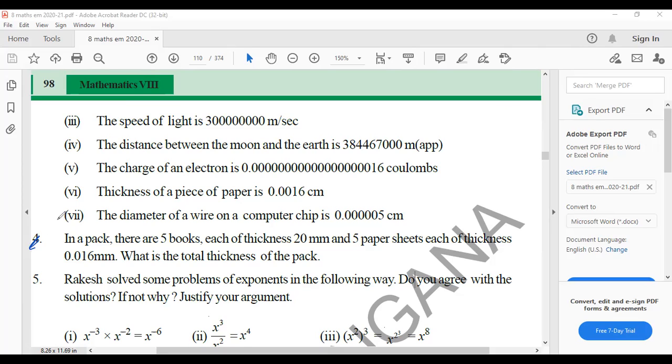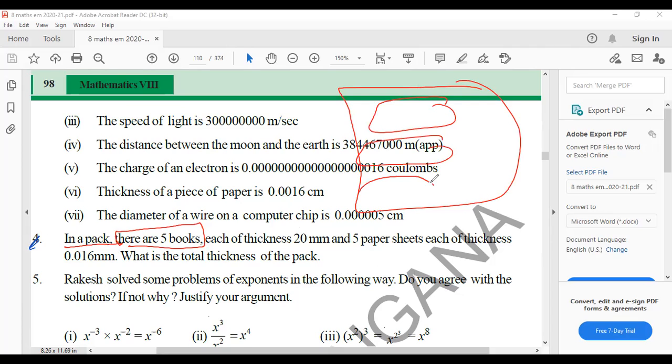Next, please read the fourth question. In a pack, there are 5 books, each of thickness 20 millimeters, and 5 paper sheets, each of thickness 0.016 millimeters. What is the total thickness of the pack? I'll try to read the question very carefully. In a pack, there are 5 books, inside like this.